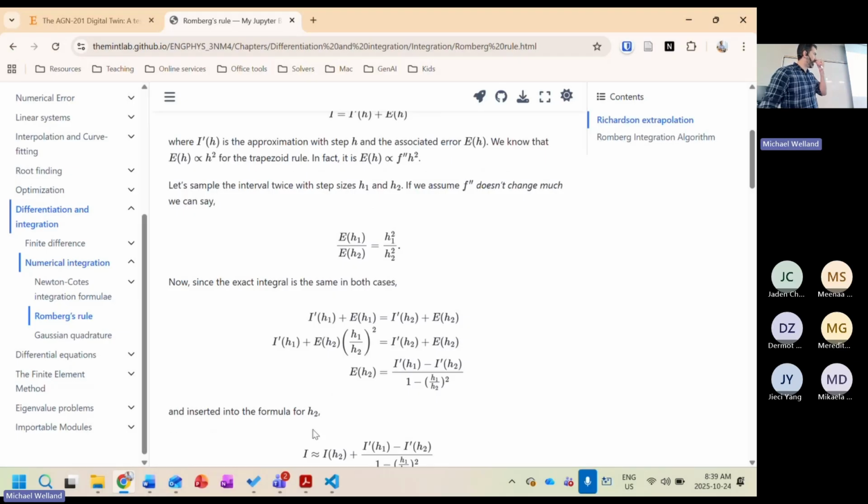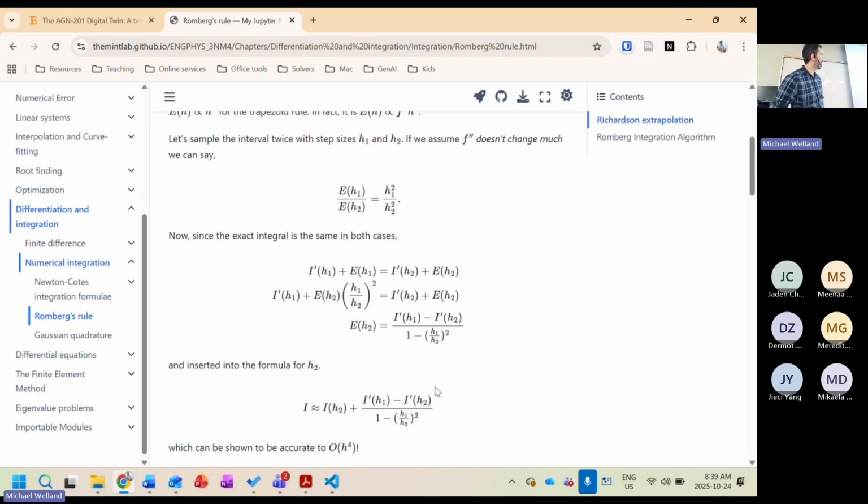Okay, so what we've done here is we've expressed the error associated with step h2 in terms of the approximations for the other ones, for h1 and h2. And then we're going to insert it back into this guy.